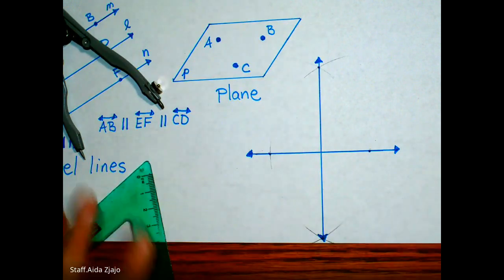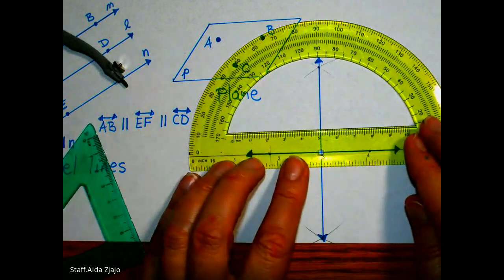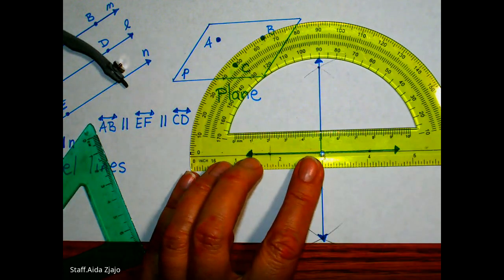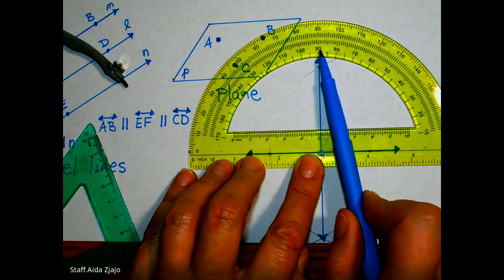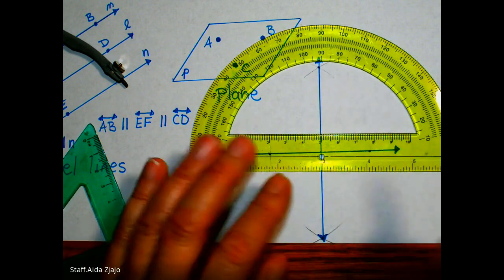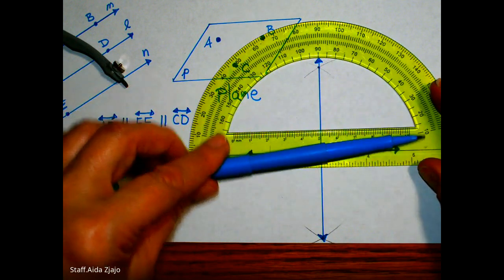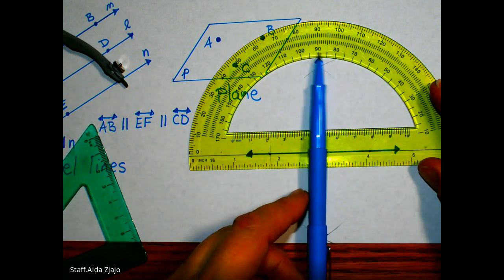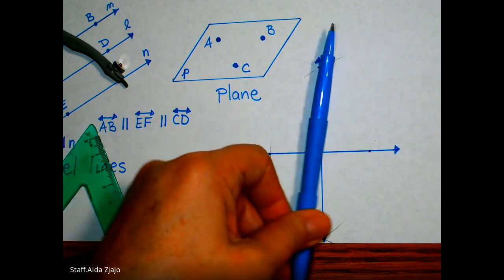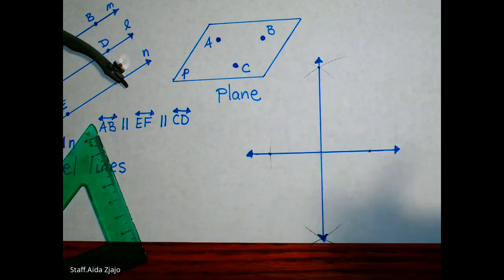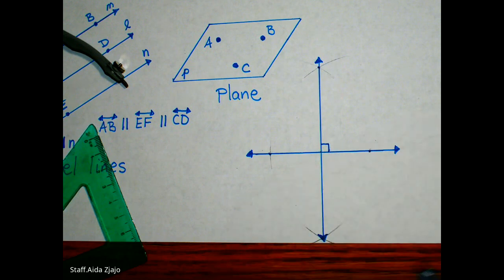I can also prove it by measuring. If I put the center of the protractor right there, it shows that it's pointing to 90 degrees. If I look from 0 all the way, it's pointing to 90. So from this line to that line is 90 degrees, and we can label it as a right angle.